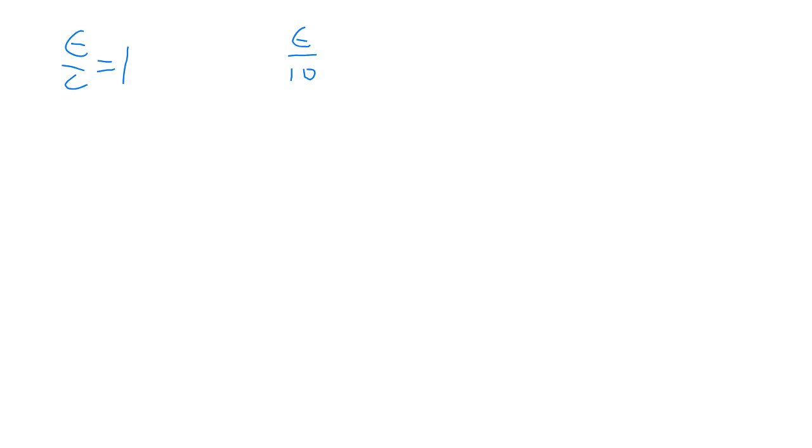So we write that our delta is going to be equal to the minimum of our set, which in this case is 1 or epsilon over 10. So for example, once we have our relationship between epsilon and delta established, if we get epsilon equals 11, we'd want to use that 1 for our delta. If we get 9 for epsilon, we'd want to use that epsilon over 10.